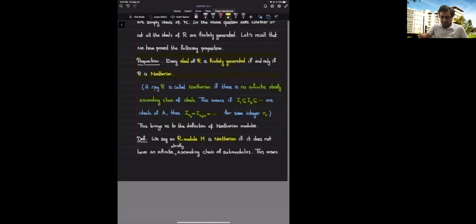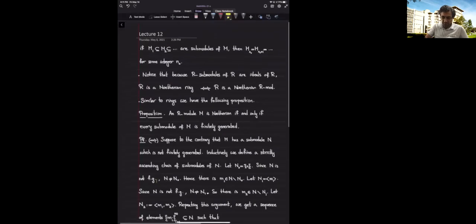This means that if I give you an ascending chain of submodules, if M sub i's are submodules of M, and this is ascending, then from some point on, they are supposed to be the same modules. So if this is the case, then we call the module Noetherian.